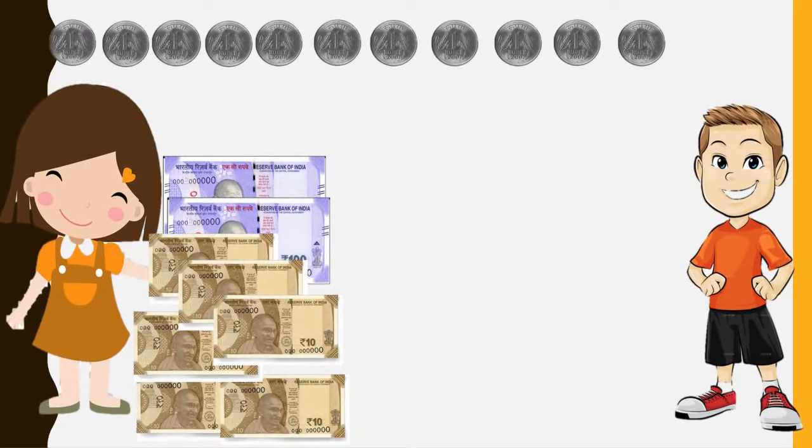So students, there are 10 rupees from the 10 rupee note which we have untied, and earlier we had 1 rupee coin. So now we have 11 single rupee coins. From this 11 we will give 8 to this boy.